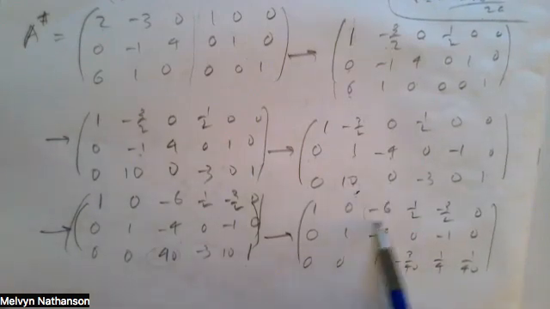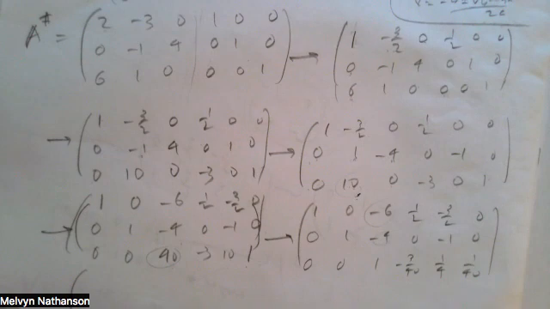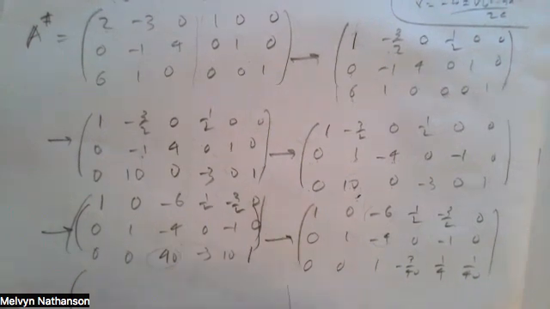And then the last two steps are to get zeros here and here. So the last row, 0, 0, 1, minus 3 over 40, 1/4, 1 over 40.